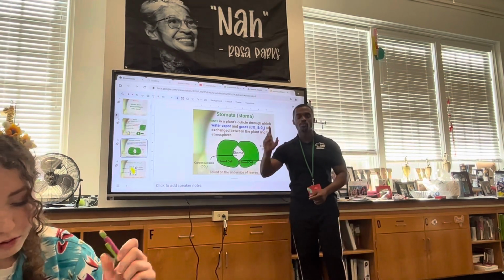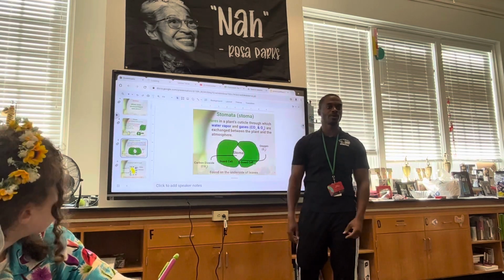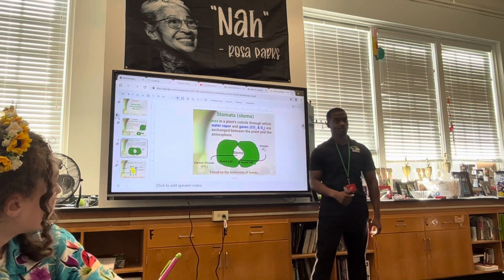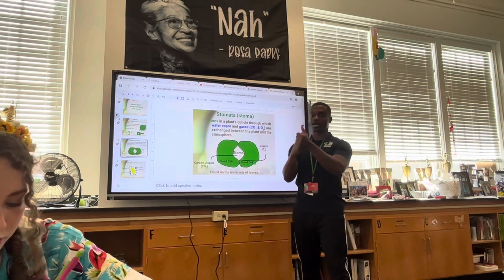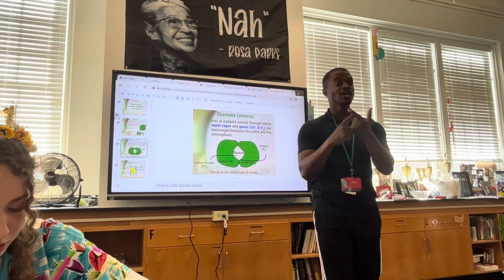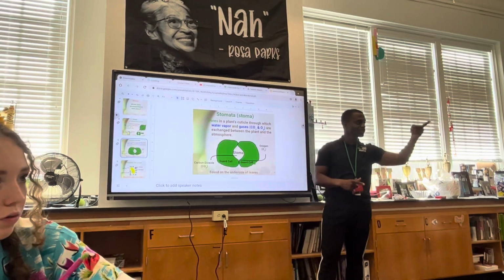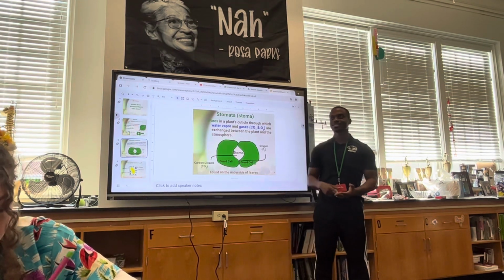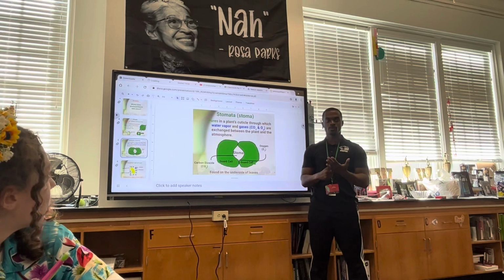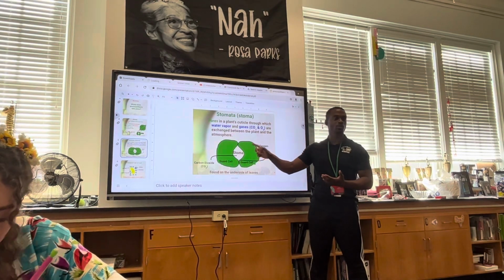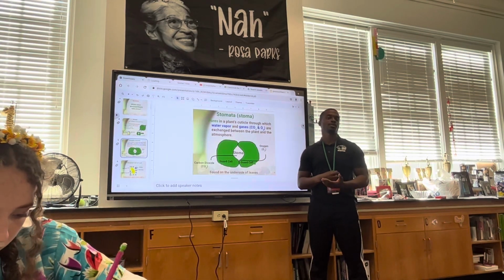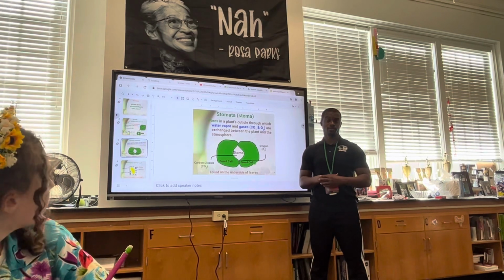There's one other thing that exits through the pores of the stomata. Okay? So far we got carbon dioxide, we got oxygen, and then we also have H2O. Good job, Brandon. +1 test point. It is actually H2O, water vapor. Water vapor is lost through the stomata of plants. This can lead to plants drying out.